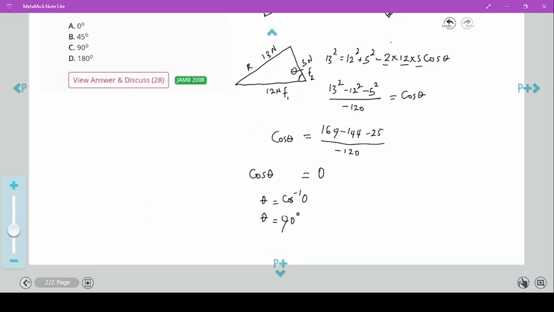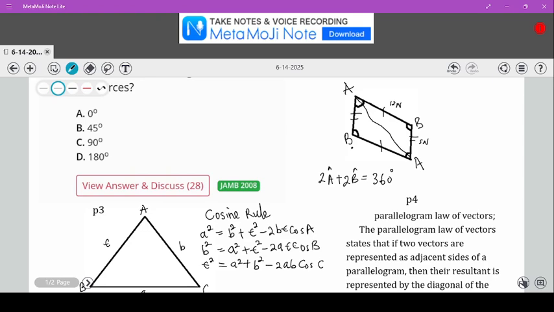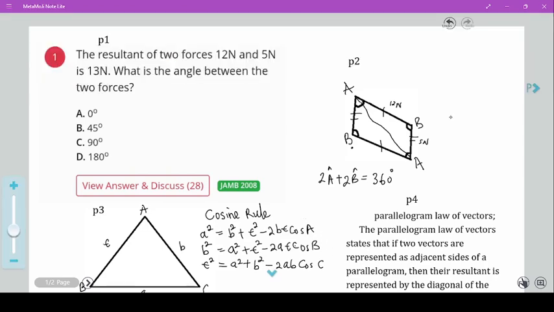Now, before we conclude everything here, I want to put it to you that at this point we have a resultant stretching out into this place. You must understand that here happens to be 12 Newton and here happens to be 5 Newton. So you should also agree with me that we have angle B equal to 90 degrees.